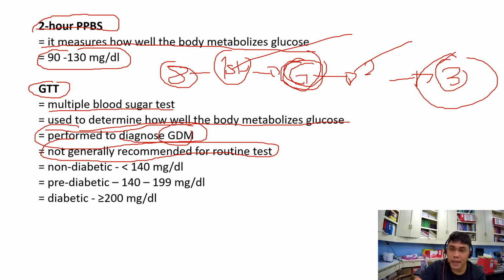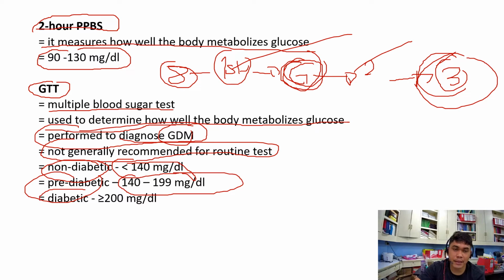It's non-diabetic if the result is less than 140, pre-diabetic if the result is from 140 to 199, and diabetic if the result is greater than or equal to 200 mg per dl on at least 2 occasions. So that is for OGTT. For GDM, it has different criteria.